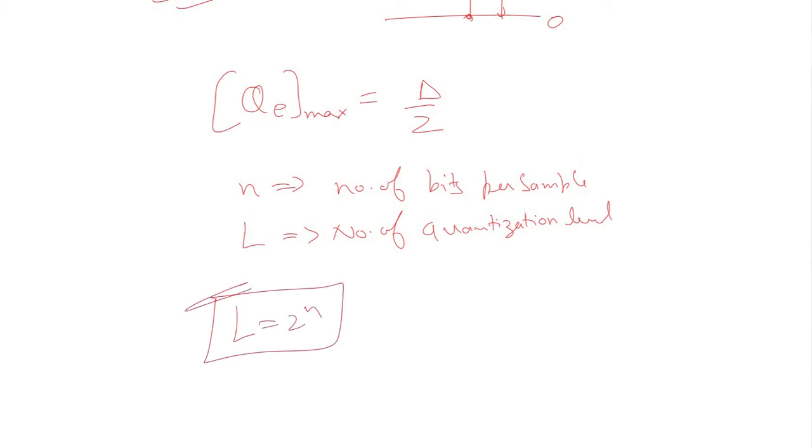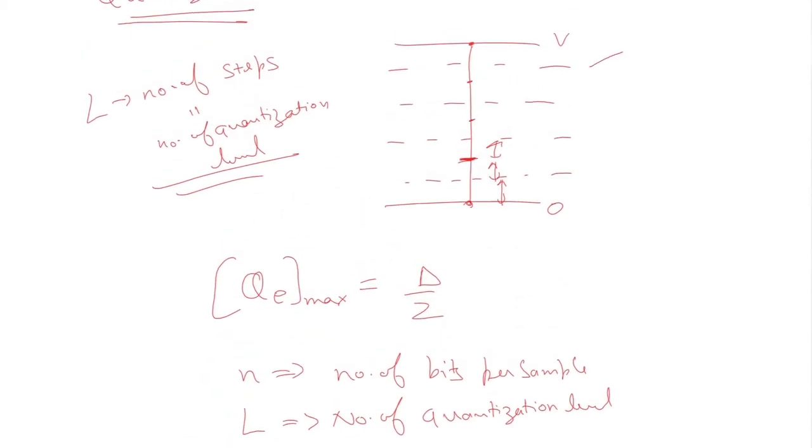So if there are 4 different quantization levels, as seen in this case, 1, 2, 3, 4, we can use n equal to 2 bits to represent each quantization level. And we know the possible combinations for n equal to 2 are 00, 01, 10, 11.